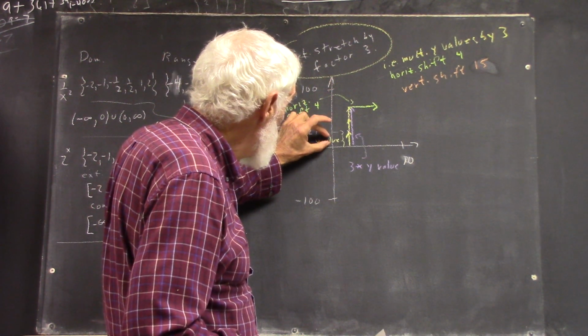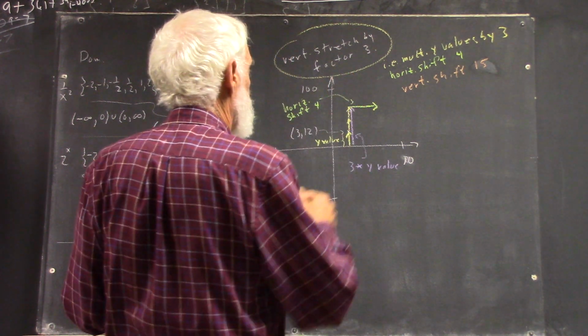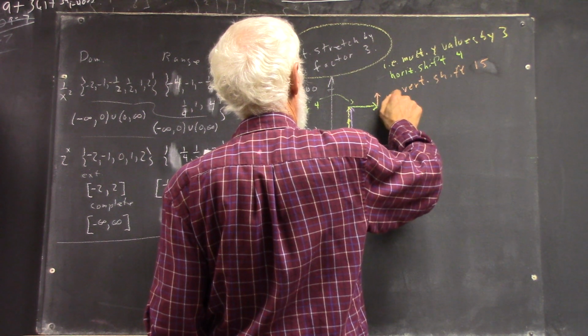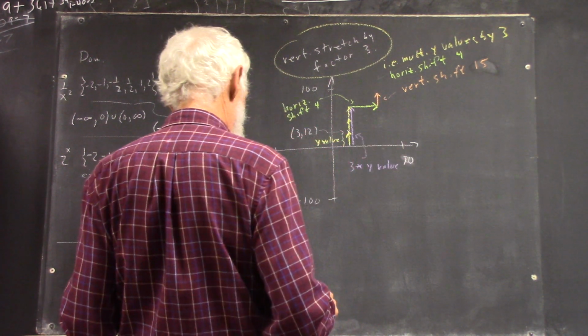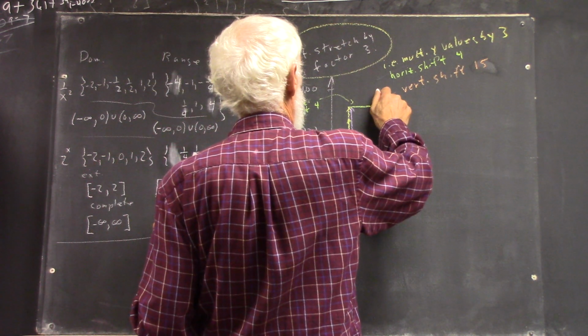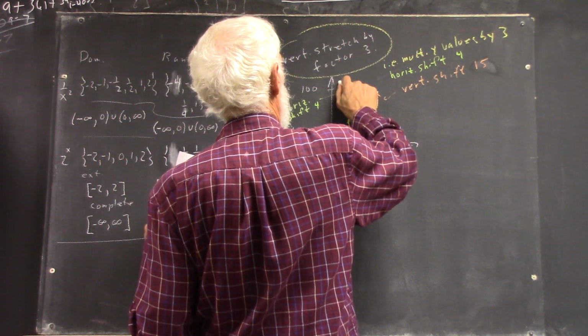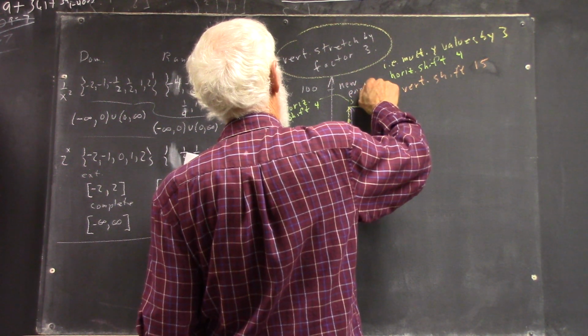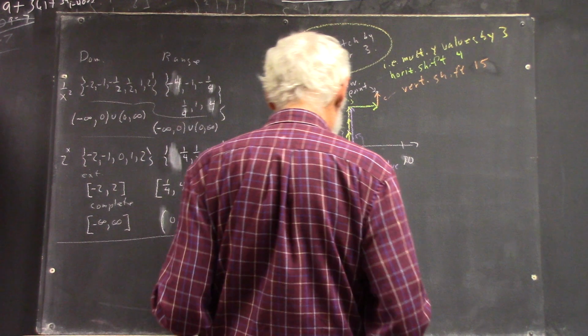There's 25, so 15 is about like this. It's a vertical shift of 15. And here's our point. That's how you do it with one point.